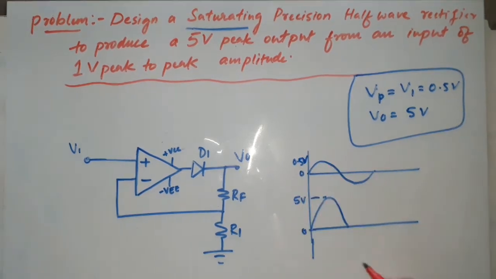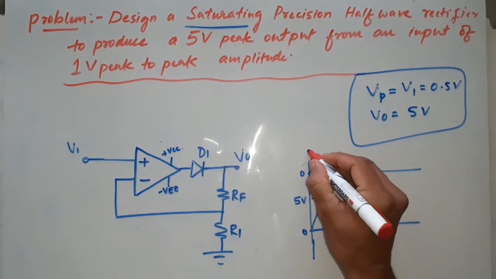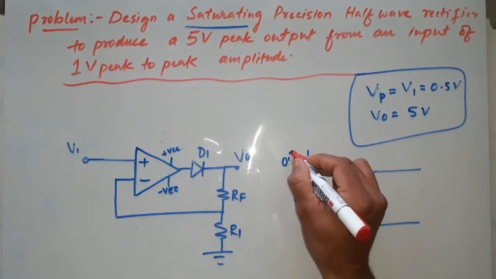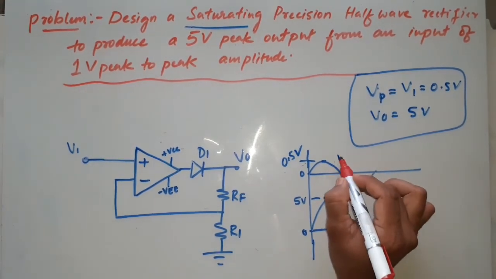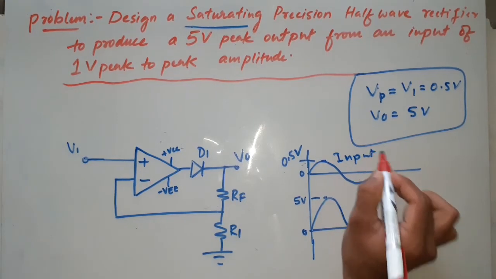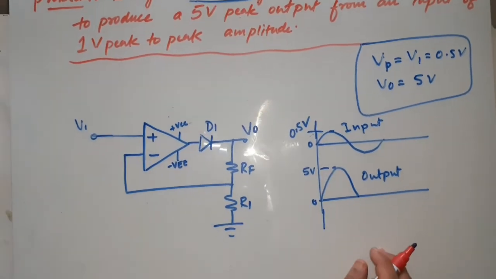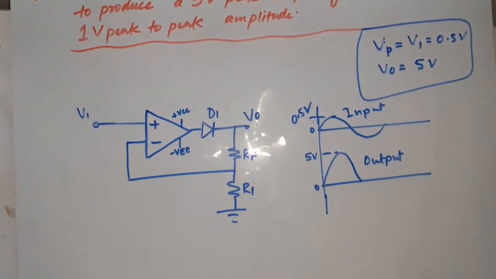This will be 0.5, and 5 volts. This is your input, this is your output. Now for this you need to get the values for R1 and RF.